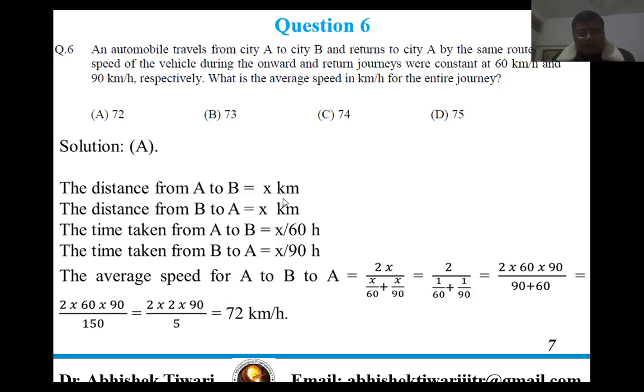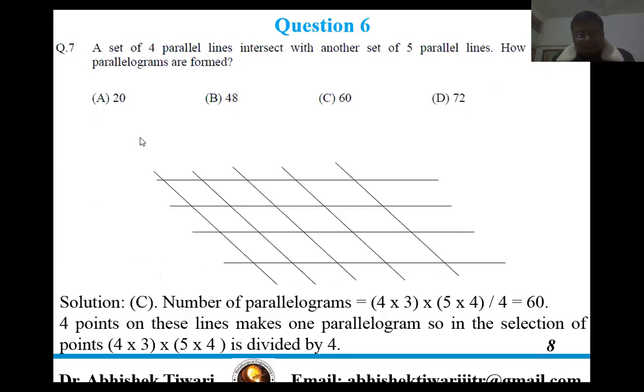A to B distance is x, B to A distance is x, and the time taken will be distance upon velocity: x upon 60, and x upon 90. So the average speed from A to B to A: total distance is 2x and total time taken is x upon 60 plus x upon 90. On solving we get 72 km per hour. So the correct answer is A.